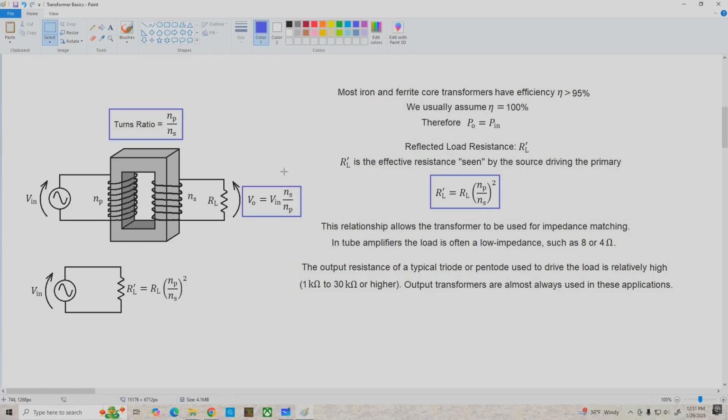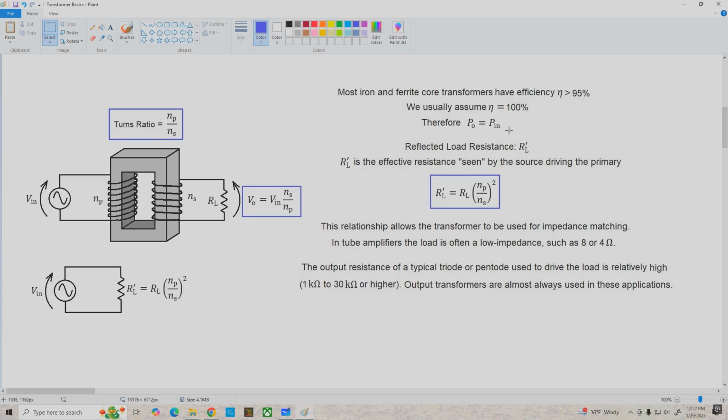Now, most of the time, we're going to assume that a transformer is 100% efficient. In reality, the efficiency of most transformers is going to be over 95%, at least if they have an iron or ferrite core. So this is not an unreasonable assumption. And when we make this assumption, the power that's delivered to the transformer from the Vin source is going to equal the power that's delivered to the load.